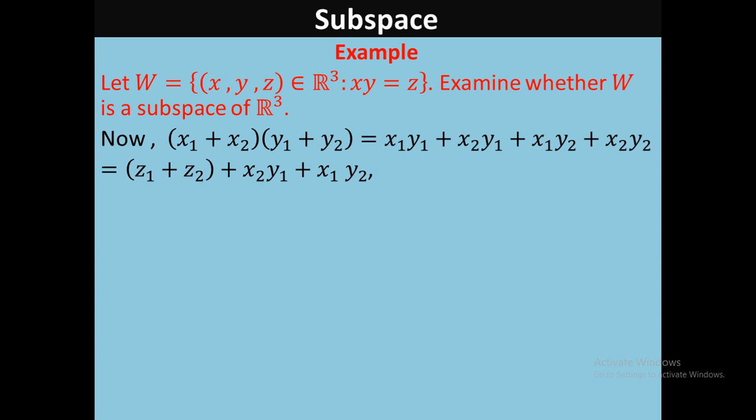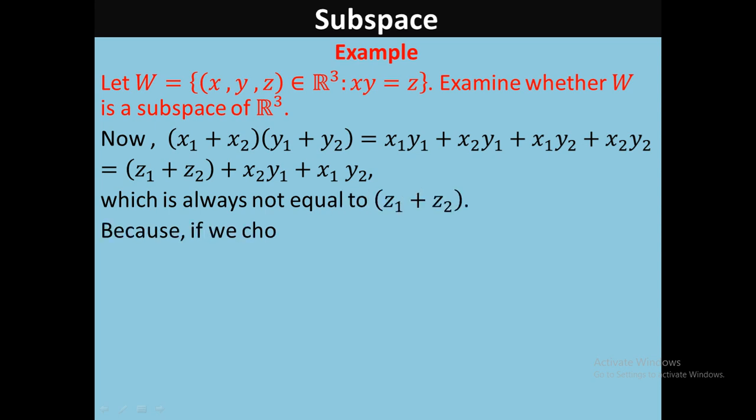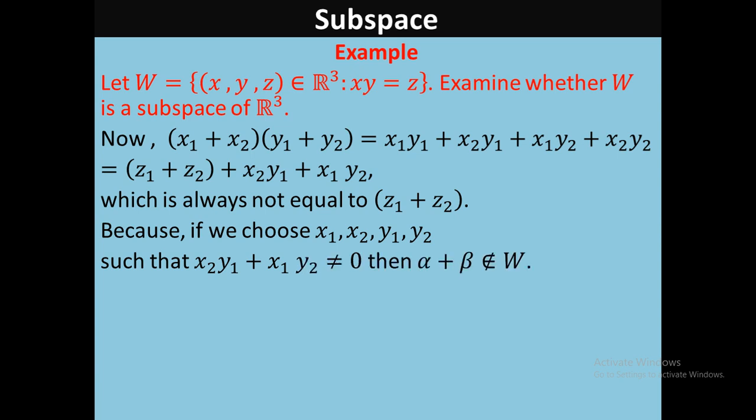If this portion is equal to 0, then we can conclude that alpha plus beta is in W. But here it is not always equal to z1 plus z2, because if we choose x1, x2, y1, y2 in such a manner that x2 y1 plus x1 y2 is not equal to 0, then alpha plus beta is not in W. If this is equal to 0, then the multiplication of the first two components is equal to the third component.